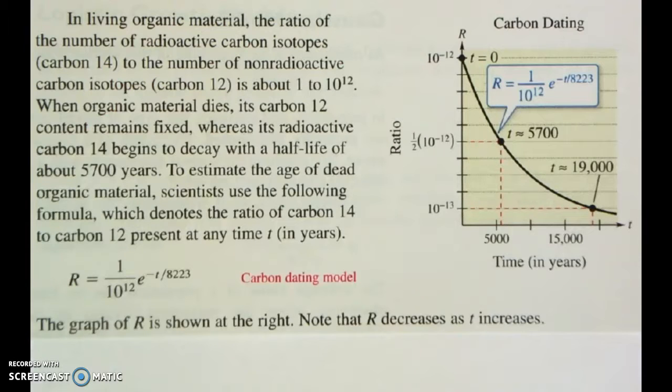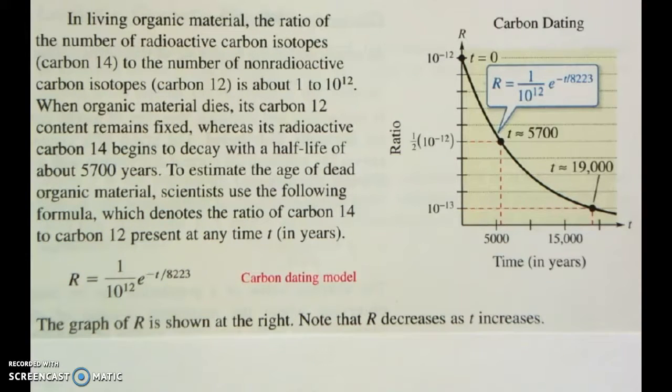Carbon dating is another model that we can look at as a way to date things. So here's an example in your book that talks about organic material and the ratio of radioactive versus non-radioactive carbon isotopes, and using the equation here, knowing that ratio is equal to, and we have our value of 1 over 10 to the 12th times e.